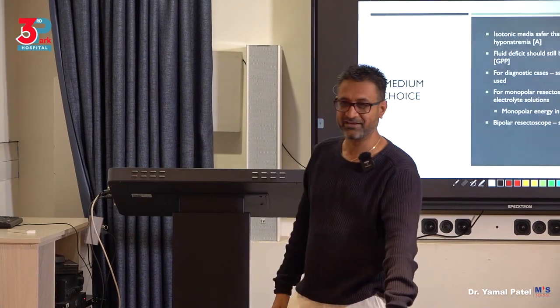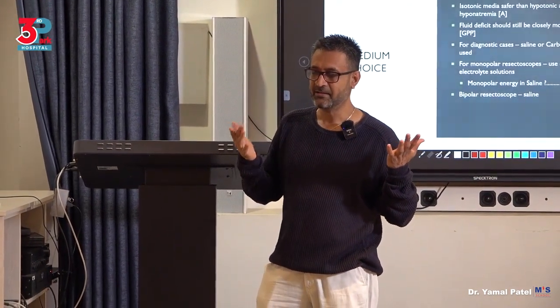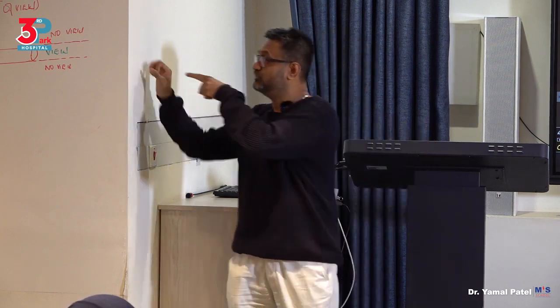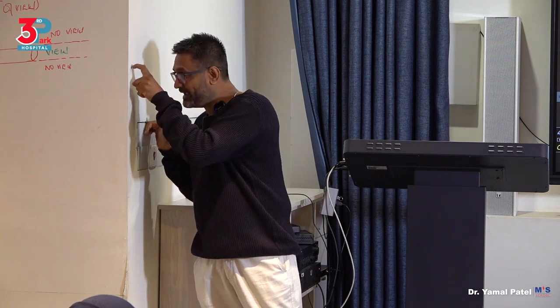What I showed you on the floor is a different scenario altogether. Now, in non-electrolyte solution, where the fluid is distended by glycine or sorbitol, there is no electrolyte, so it cannot dissipate the electricity. So now I go in with a hook and I cut like this, it will cut, and then it will look for the return electrode to go back.